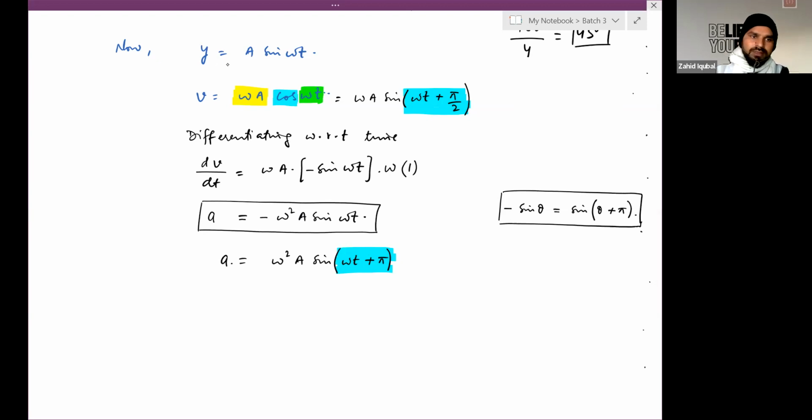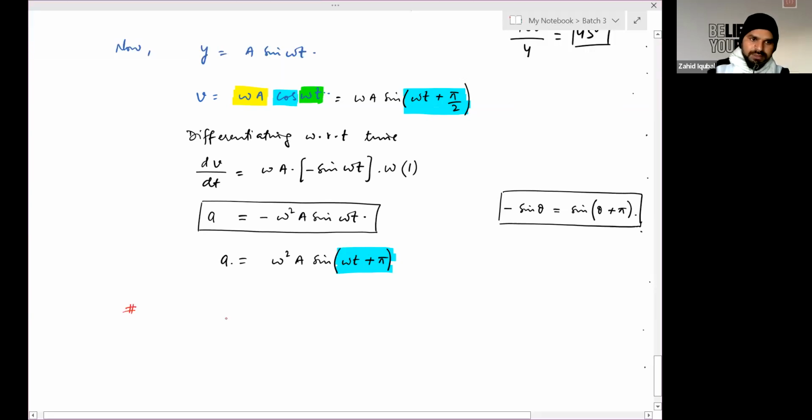So as a conclusion, we can write velocity, displacement, and acceleration each differ by a phase difference of pi by 2 in between them, and between displacement and acceleration, the phase difference will be pi.